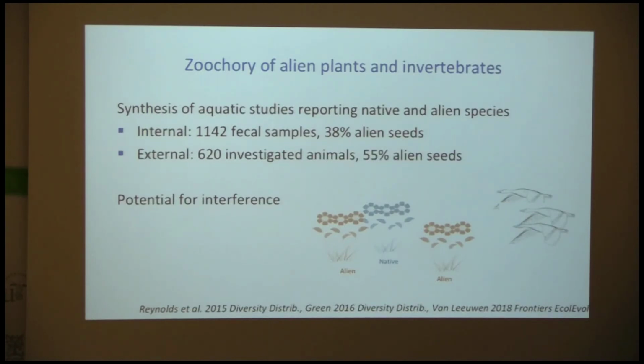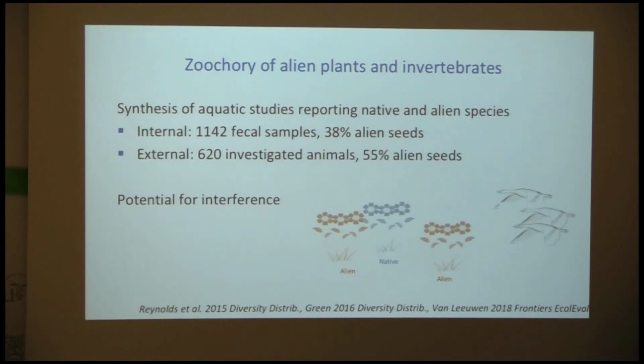And the dispersed species include also alien species, which made me think quite recently. I synthesized the aquatic studies that reported both the dispersal on the outside or inside of native and alien aquatic species. And of those published studies, we found that about 38% of the seeds that were dispersed were of alien origin in Europe.